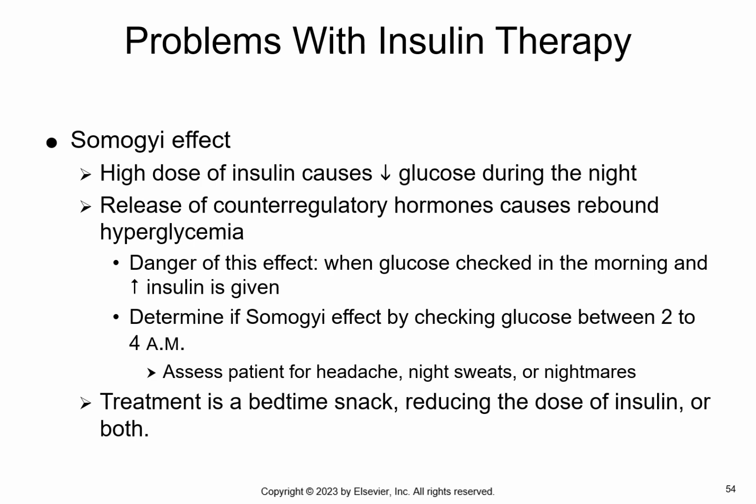The patient may report headaches on awakening and recall having night sweats or nightmares. The Somogyi effect is also characterized by hypoglycemia. The treatment is a bedtime snack, reducing the dose of insulin, or both.